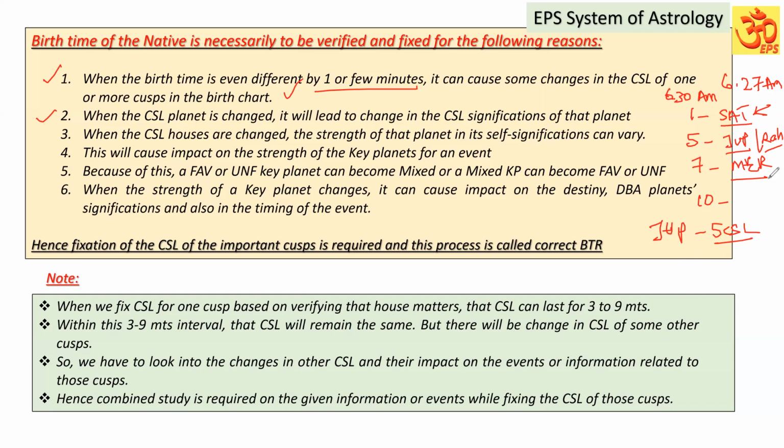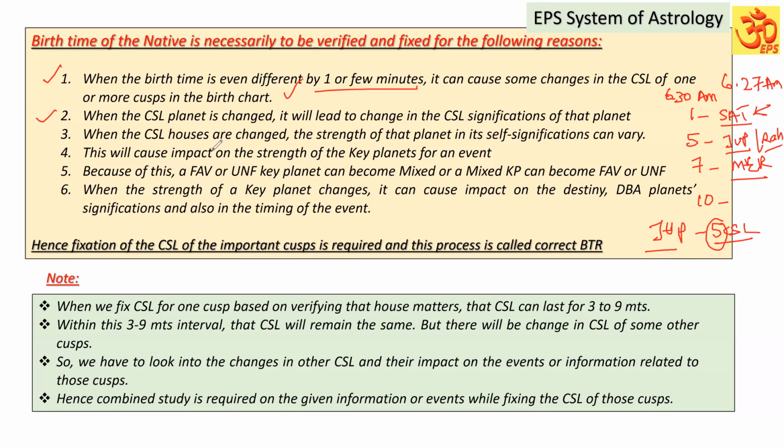Instead of that, Rahu will take it. So now when Jupiter is losing its fifth cuspal sublord signification, Jupiter for the progeny prospects, that signification CL, OCC, CST, CSL, because the CSL is not having 5, its favorable key planet strength can get reduced or increased for some other event, right?